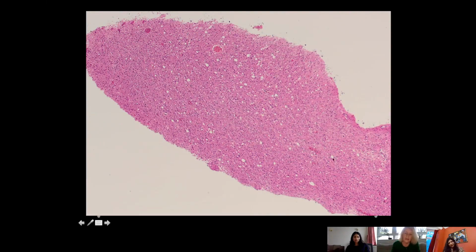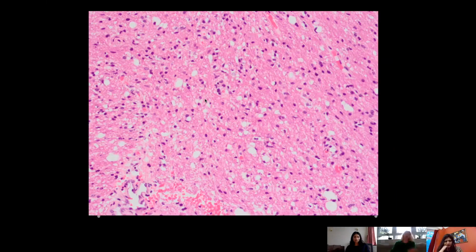The white matter underneath, which is this part here, is abnormal, is moderately cellular. And again, at higher power, we see, just like in the case before, very small, deceivingly blunt cells, which are not really compatible with a diagnosis of reactive astrocytosis.